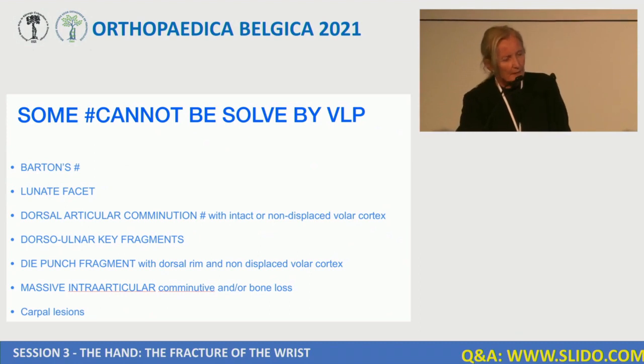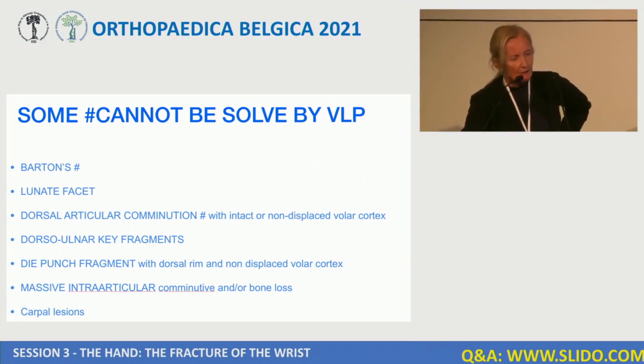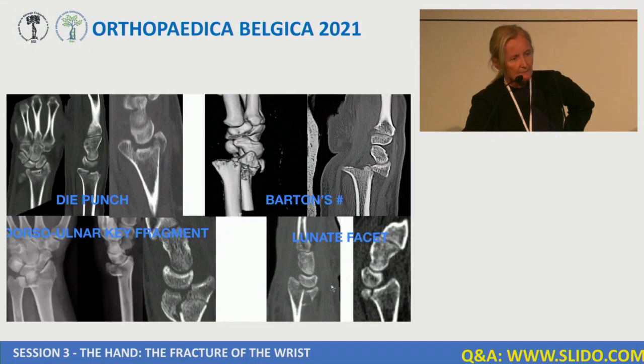So there are some contraindications to the volar locking plate, as said Jeroen: the Barton's fracture, the lunate facet, the dorsal articular comminution with intact and non-displaced volar cortex, the dorsal ulnar key fragment, the die punch fragments with dorsal rim and non-displaced volar cortex, massive intra-articular comminution or bone loss, and some association with carpal lesion.